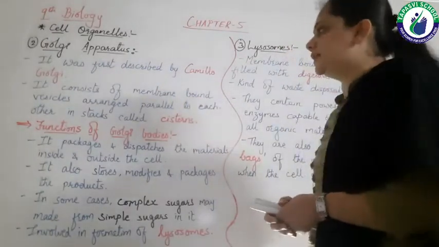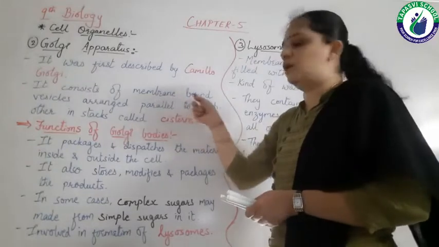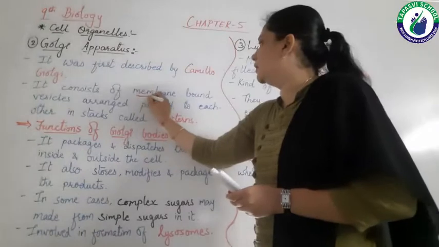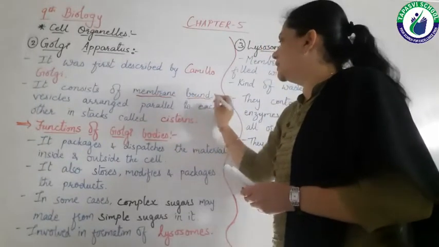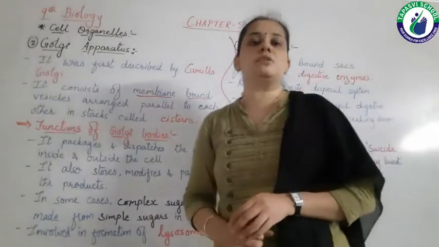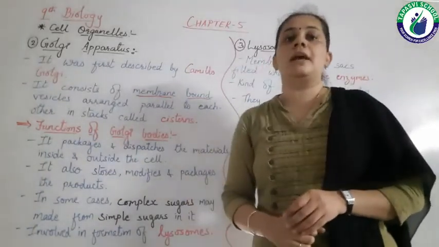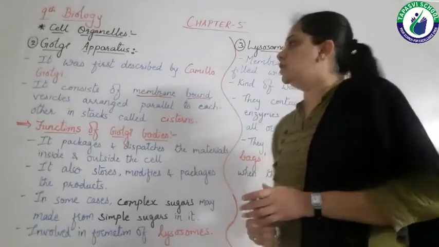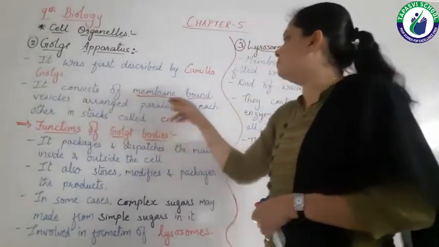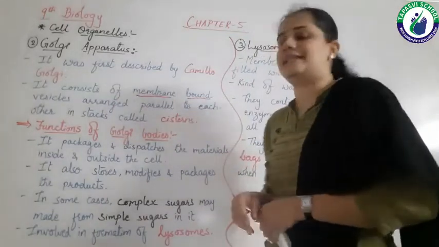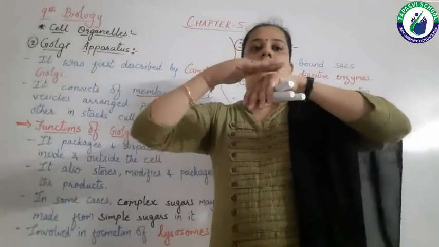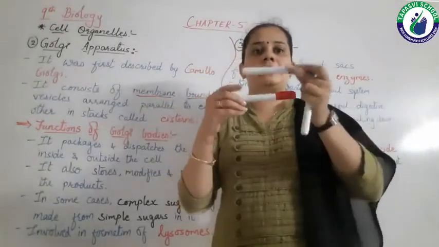The Golgi apparatus consists of membrane bound vesicles. The word membrane bound is very important, as we know that all the cell organelles are membrane bound, meaning membranes are present in all the cell organelles. So it consists of membrane bound vesicles arranged parallel to each other in stacks, like this.